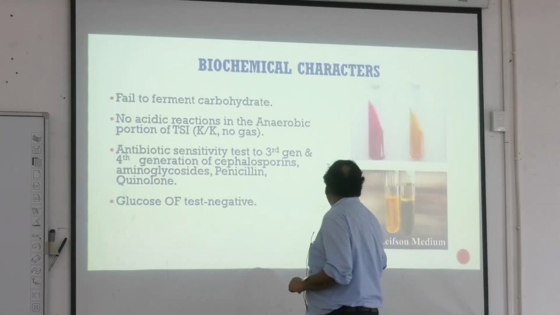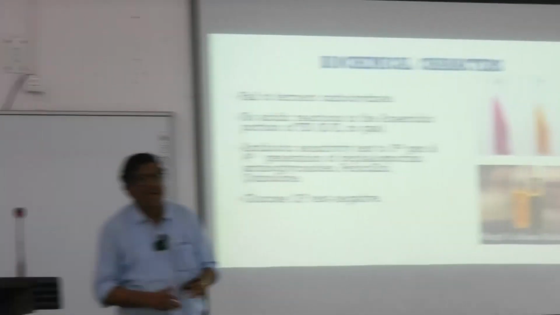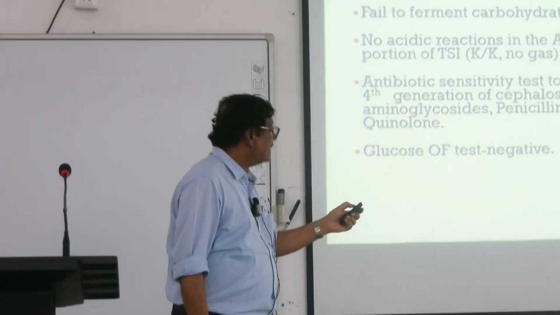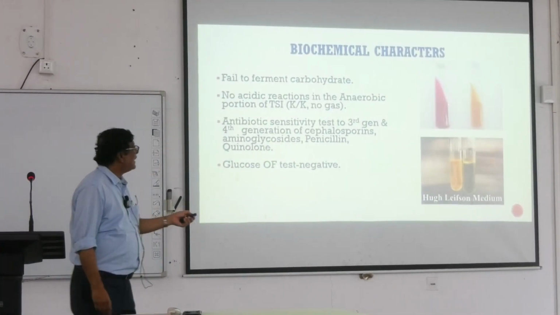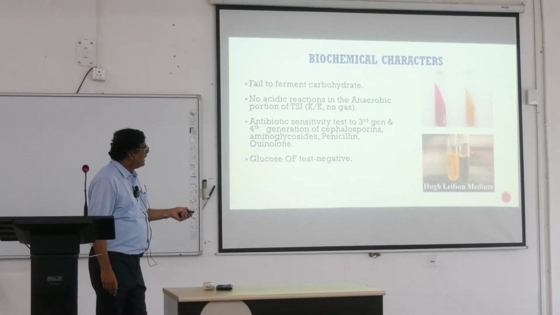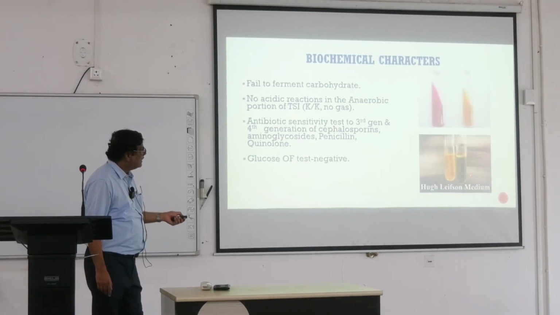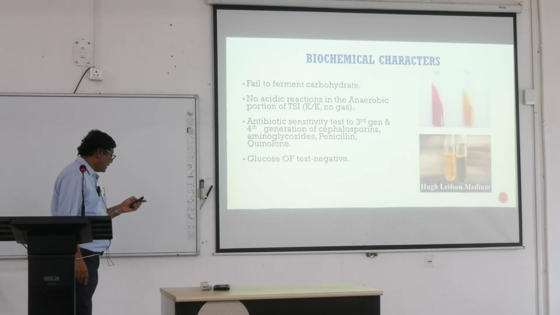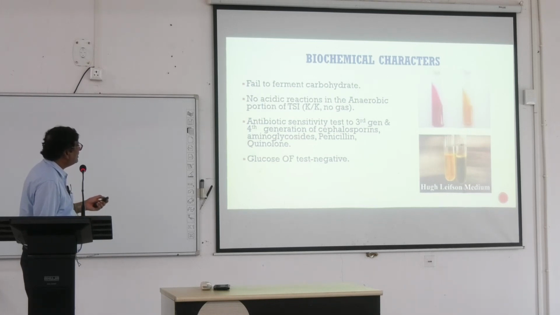So this is the picture of acid by acid on TSI media, triple sugar iron media, and this is K by K. This one is K by K, and this is the Hugh Leifson media with overlay of liquid paraffin to make this environment anaerobic and to see whether oxidative fermentation is there or not. So no acid reactions in the anaerobic portions of TSI, K by K, no gas.